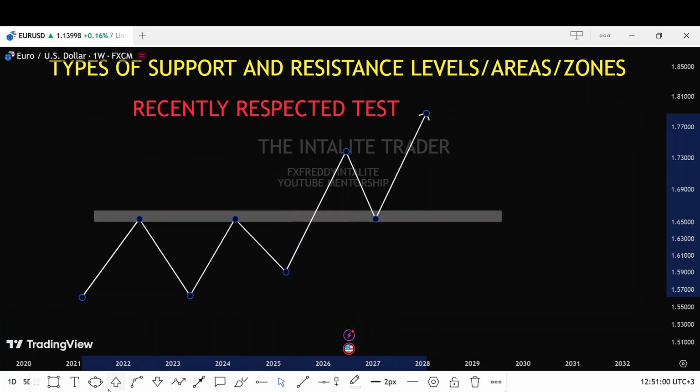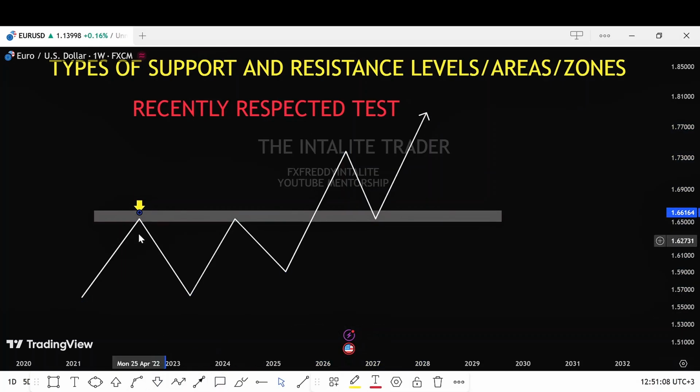Because this level reacted to price, it gave you a reversal, giving you this key level. Price came and respected it here. We broke above. Now this here is where price recently respected it. So a recently respected test was here.